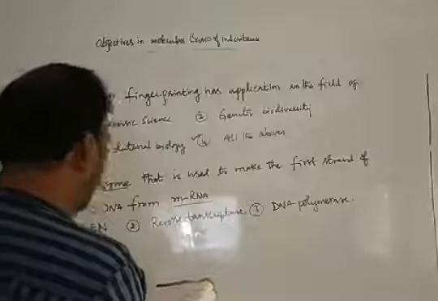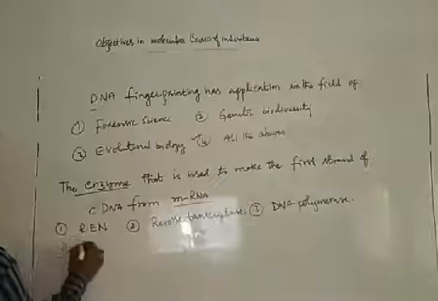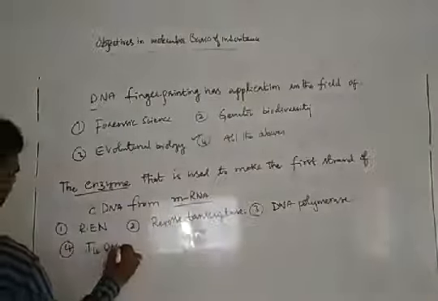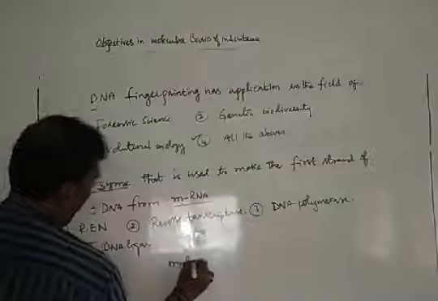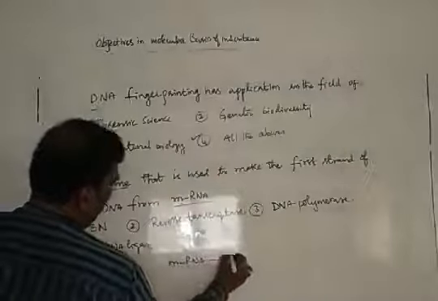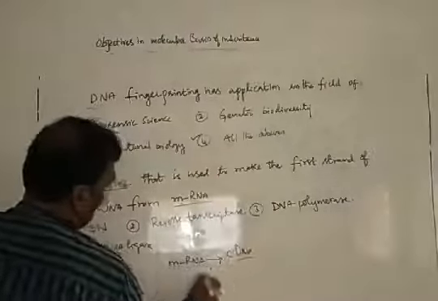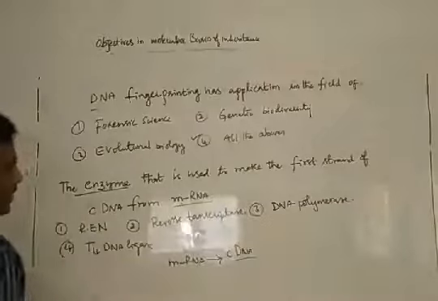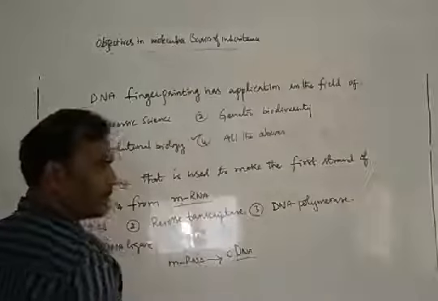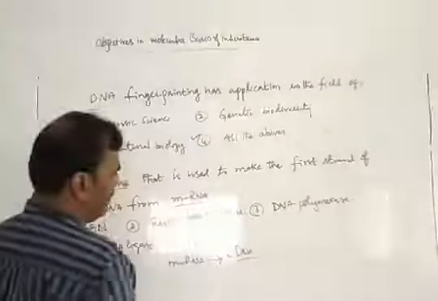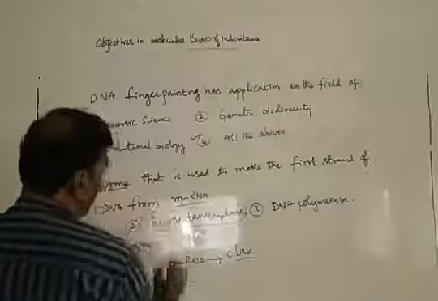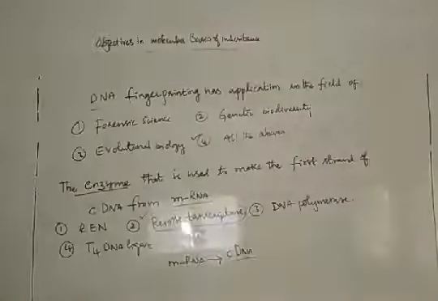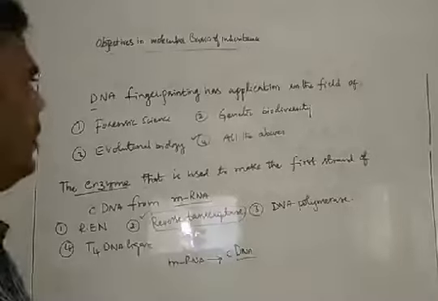Fourth option is T4 DNA ligase. Here mRNA to complementary DNA means DNA is formed here. It is a reverse transcription, as in retroviruses. So what is the enzyme used here? Reverse transcriptase enzyme is used. This is the answer for this question. So next question.